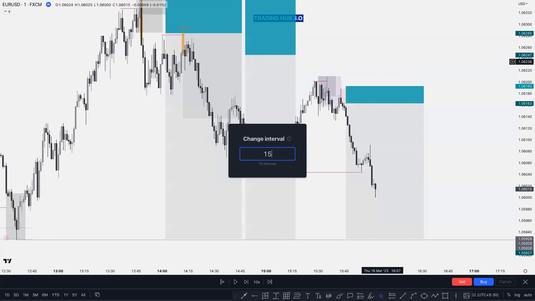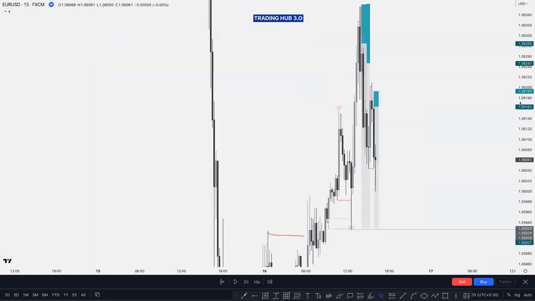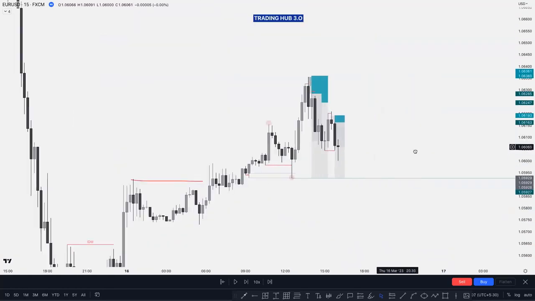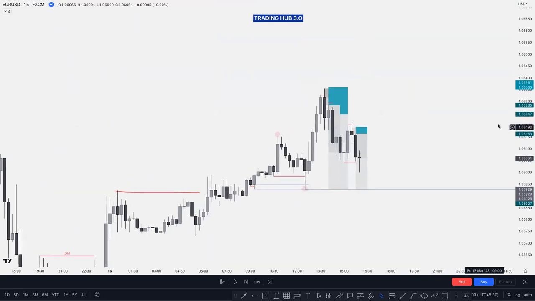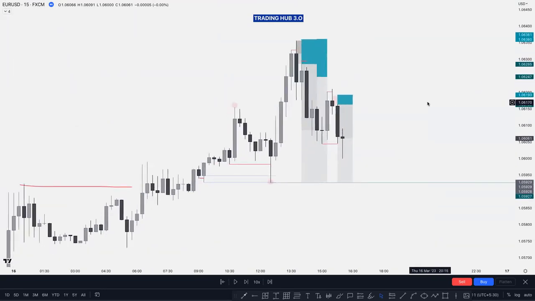Now again switch to the 15-minute time frame to see exactly what is happening here. Based on the candlestick formation, the previous candle low was taken out, and you are willing to buy here.